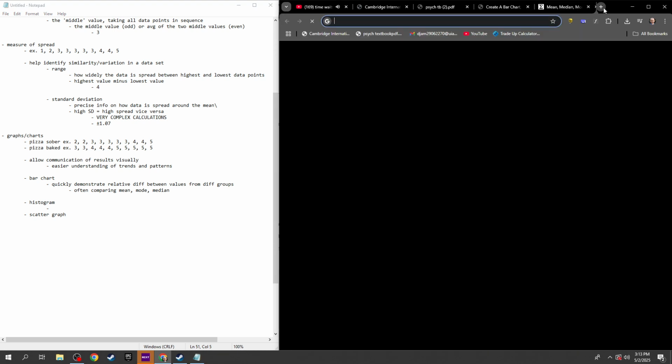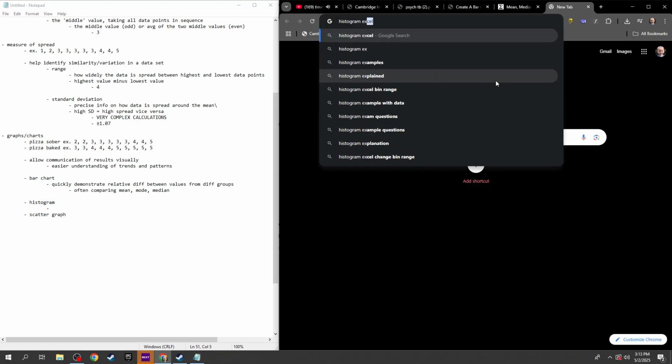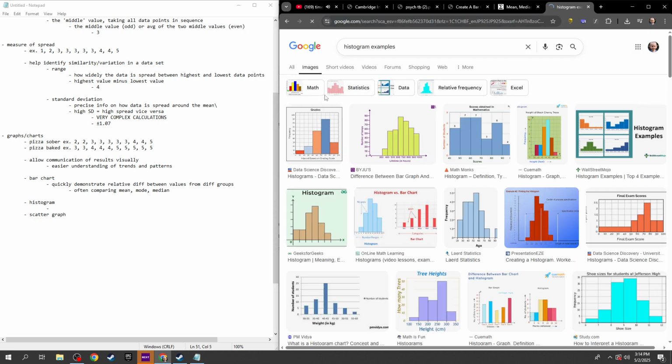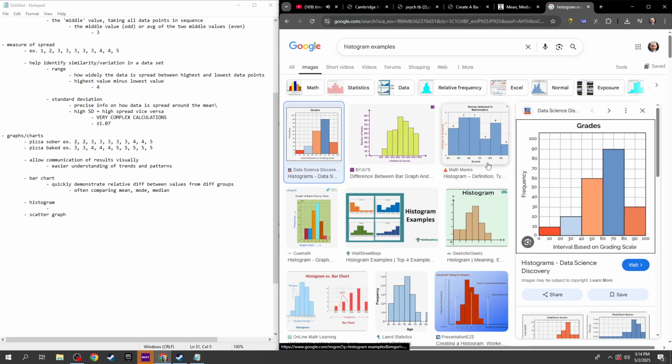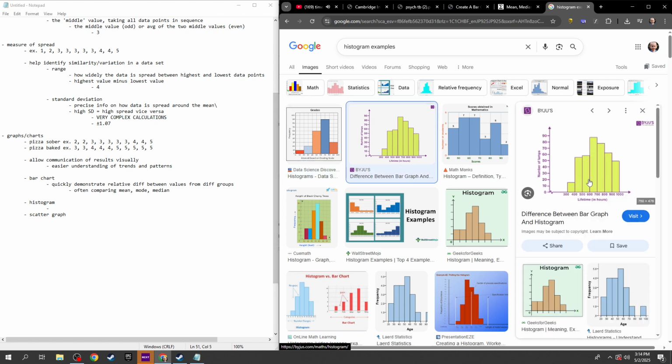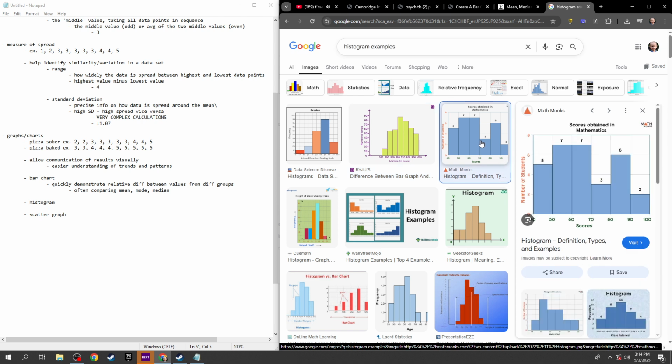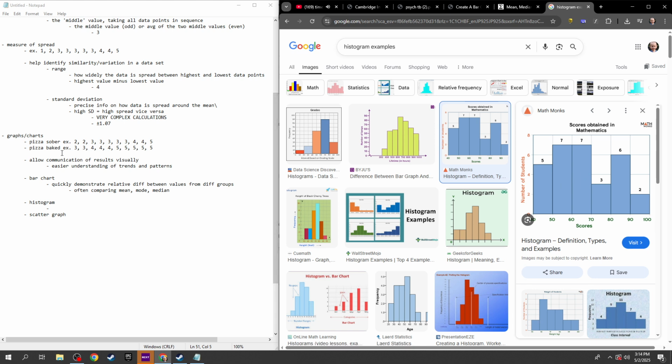So let's look at a histogram example, because they don't give one. So basically, technically our rating thing, where's a good one? Here you go. This is easier. So we could do something similar, right, with our pizza thing.